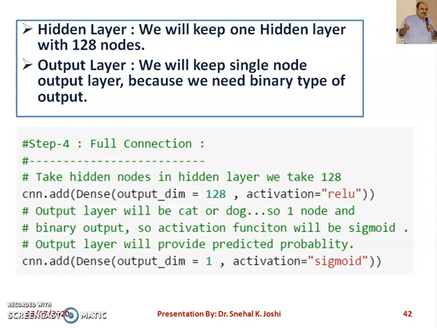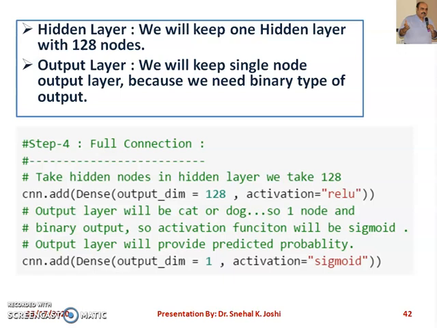The output layer has a single node because this is a binary classification problem, where the output will be dog or cat, that means 0 or 1. Hence the output dimension parameter will have value 1, and for the activation function we will use sigmoid, because we need binary output, binary classification. And here is our fully connected neural network.